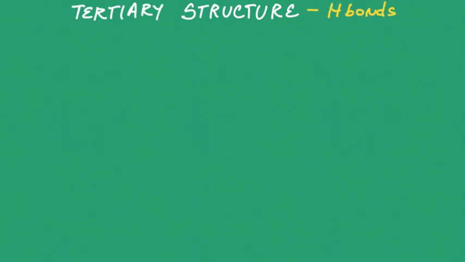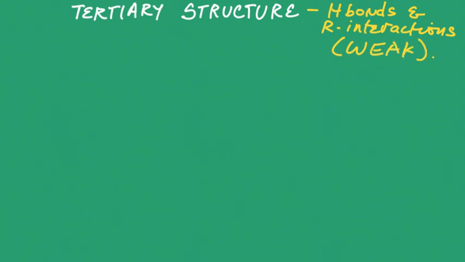A single cell contains thousands of enzymes, and enzymes exist in the tertiary structure. As we remember, the tertiary structure is held together by H bonds and R interactions. These are weak bonds and can be easily broken down by high temperature and changes in pH.